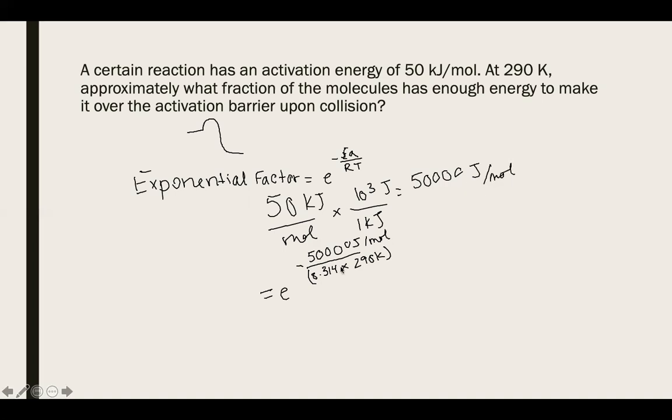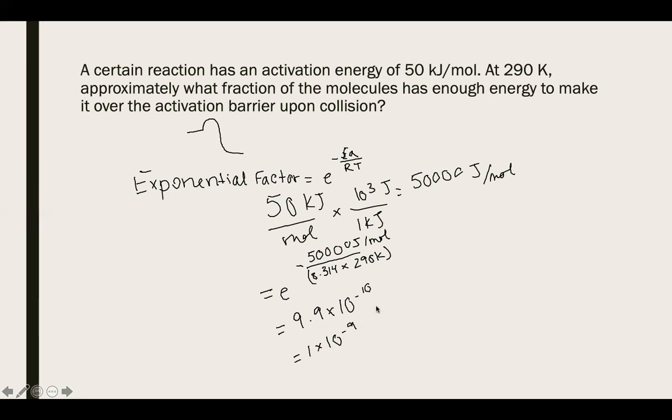Once you do this calculation, if you plug e to the negative 50,000 divided by 8.314 times 290 into your calculator, you would get 9.9 times 10 to the negative 10th. Your answer choices didn't include 9.9 times 10 to the negative 10th because of significant figures, and because this value is so close to 1 times 10 to the negative 9th.